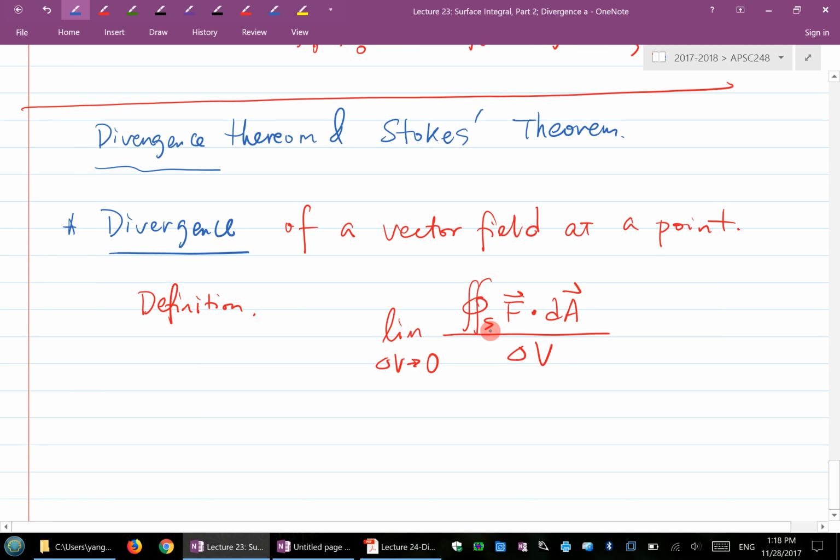For a surface, there's no clockwise or counterclockwise, right? It's closed. But as I'm going to mention, it does have an orientation: there's outwards and there's inwards.